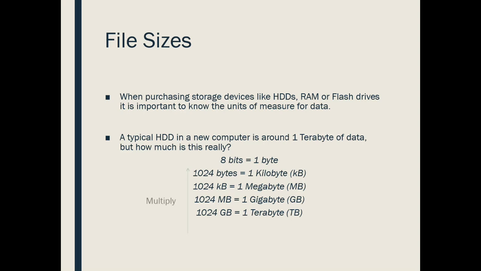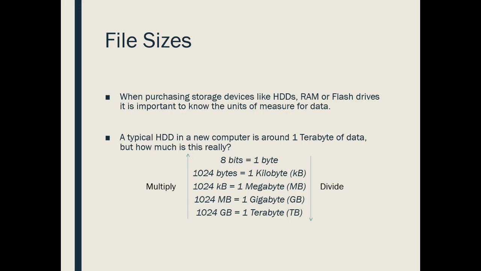So for example, whenever I have a larger unit of measure and I'm going to a smaller unit of measure, I'm going to have more of that smaller unit of measure. So I multiply. However, when I'm going the opposite direction, if I'm starting at a smaller unit of measure and going to a bigger unit of measure, I'm going to have less of those bigger units. So I divide.